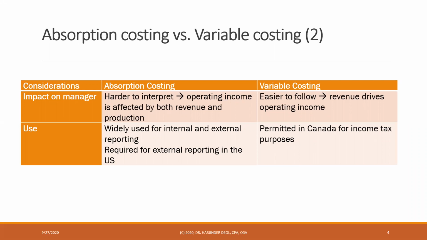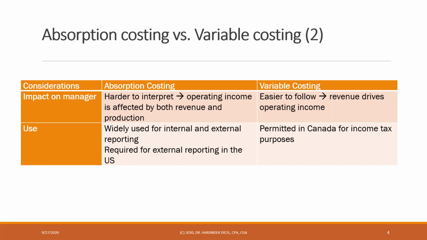Now, because of how these two methods are different, with the managers, there is always a pressure to create short-term profits. So the managers are strongly tempted to build inventory without increasing sales.